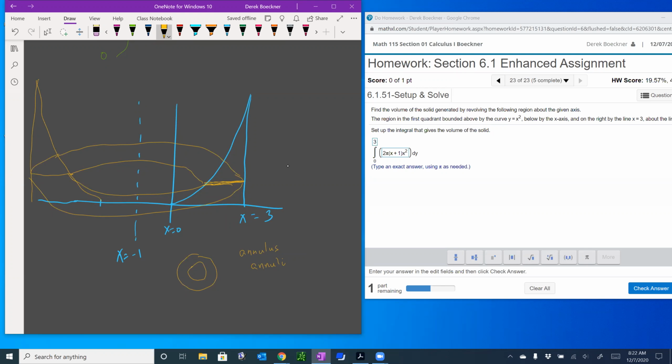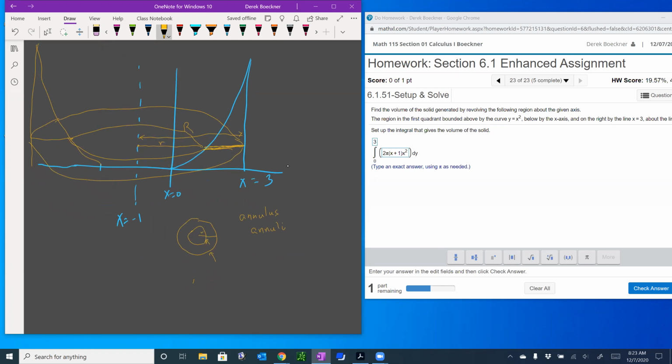So I need to find an inner radius and an outer radius for this. So that's going to be a little r, and we'll call that one a big R. And the volume of this thing is going to be pi r squared, the volume of the big circle, minus pi r squared, the volume of the little circle.